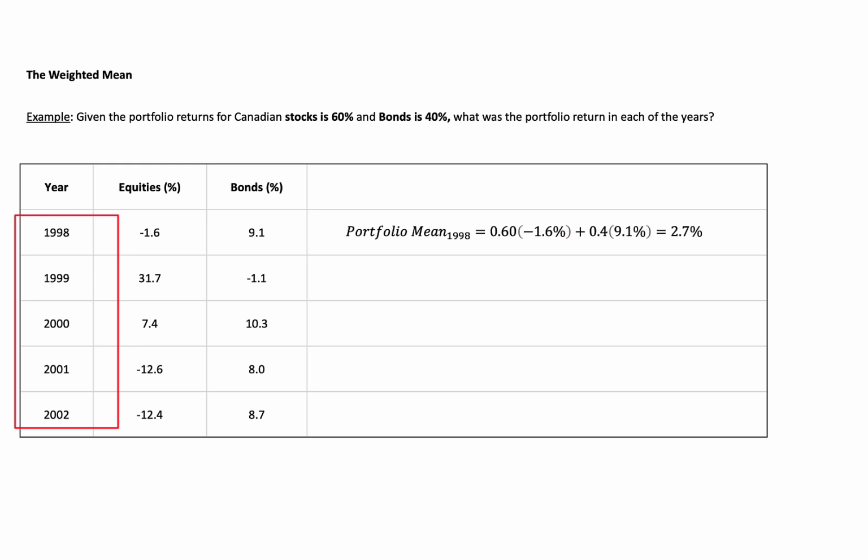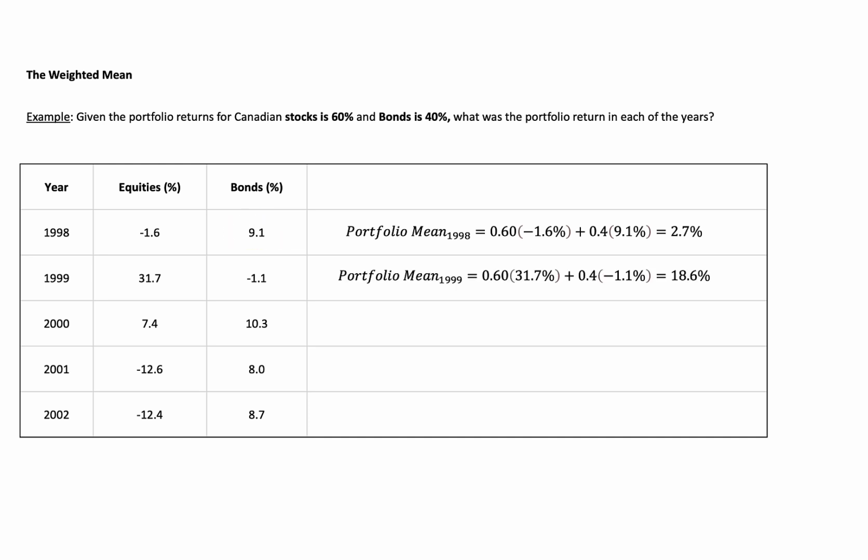Well, I can simply use the weighted mean formula, shown here. So I have 60%, like we talked about, weighted in stocks. So my equities are a negative 1.6% for 1998, plus 40% for bonds, which is 9.1%, which equals 2.7%.